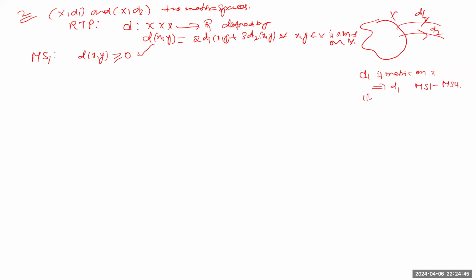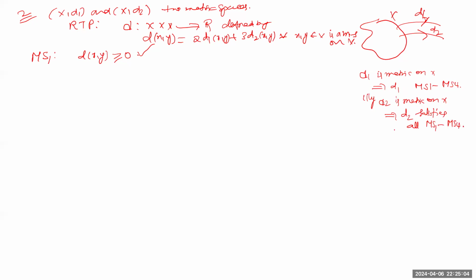And similarly, d2 is a metric on X, which implies d2 satisfies all four axioms from MS1 to MS4.